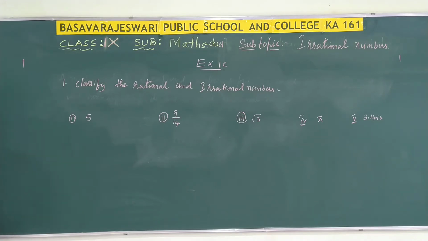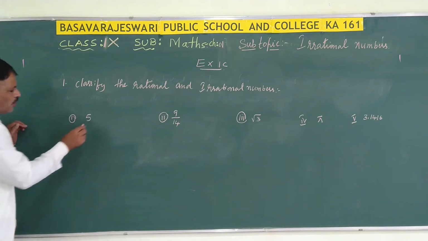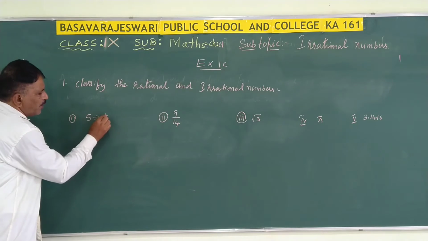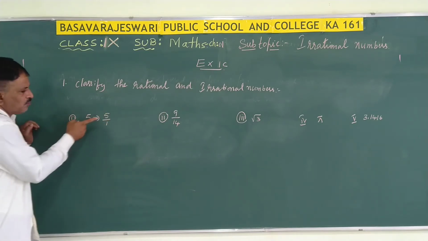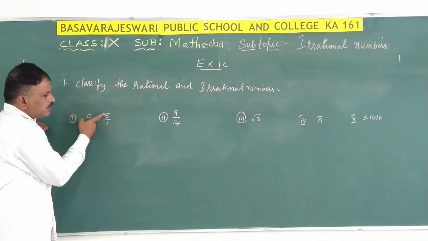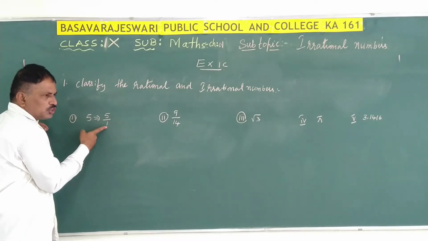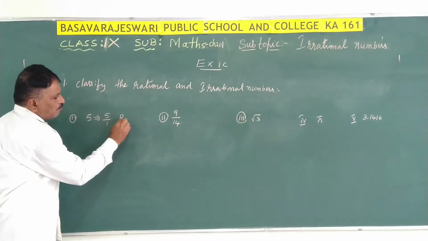Now, 5 is a rational number. Why? Because 5 can be written as 5 by 1. That means it is in the form of p by q, where q is not equal to 0. Hence 5 is a rational number.